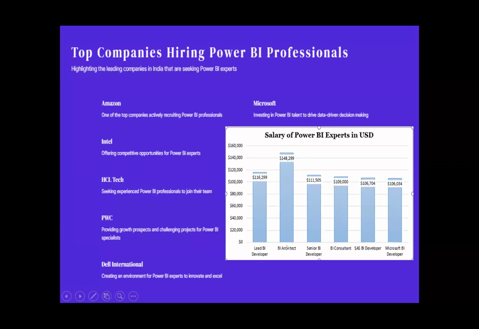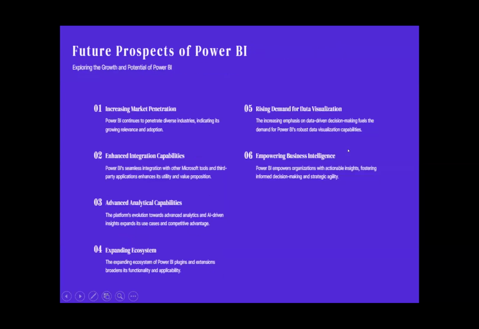So BI architect is the highest paid salary in Power BI, obviously. And then this is lead Power BI developer, and then a bit less than that, senior developer, and then consultant, and then BI developer, Microsoft BI developer. So the salary and the package is pretty high, definitely.